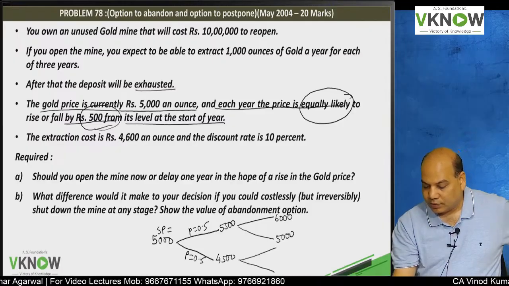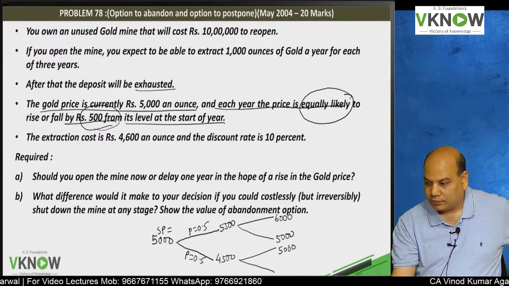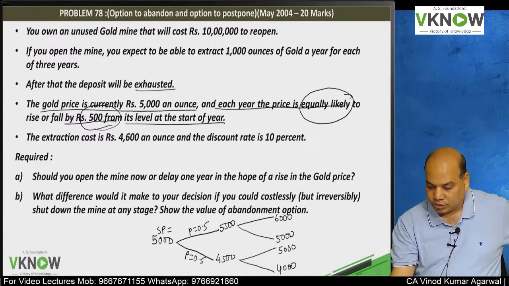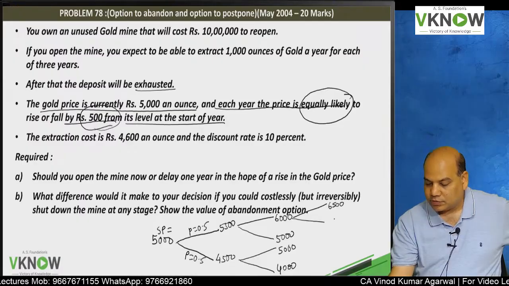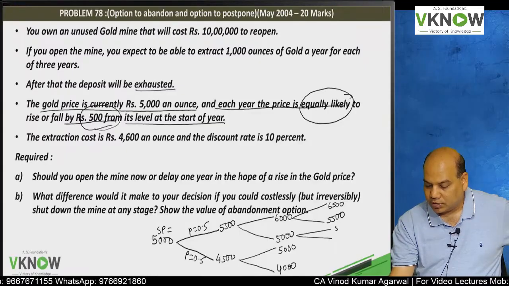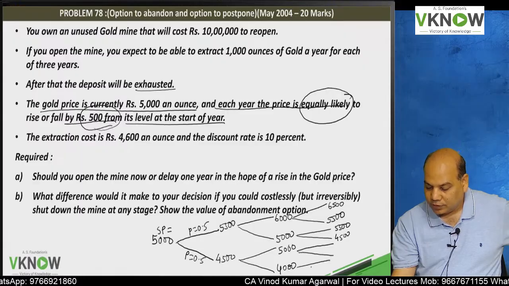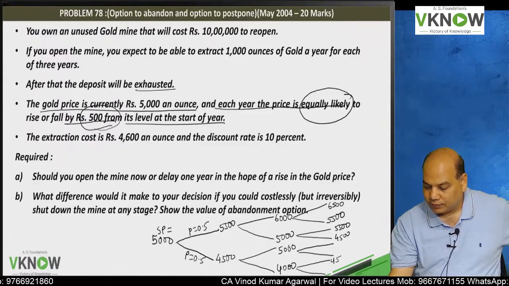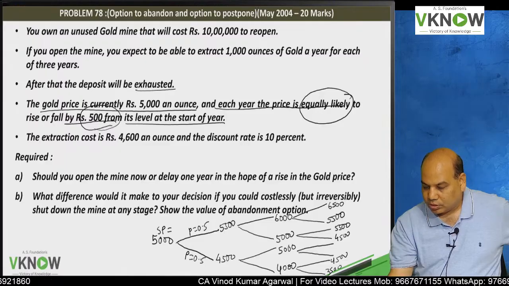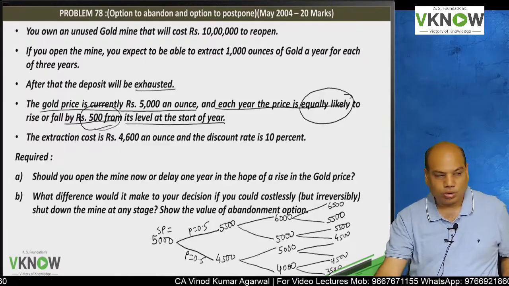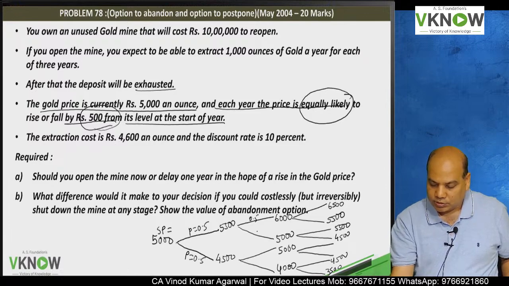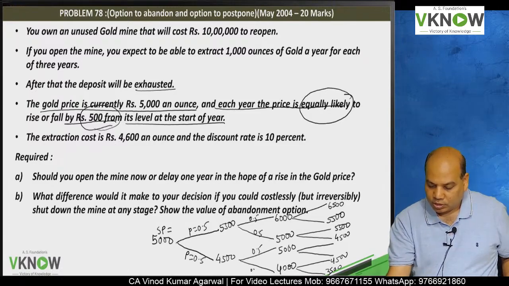If it is 4500, then it can become 5000 or 4000. If it is 6000, then it can be 6500 or 5500. If it is 5000, then it can become 5500 or 4500. And if it is 4000 it can go to 4500 or 3500. So these are the predictions about gold prices, and all of these have a probability of 0.5.